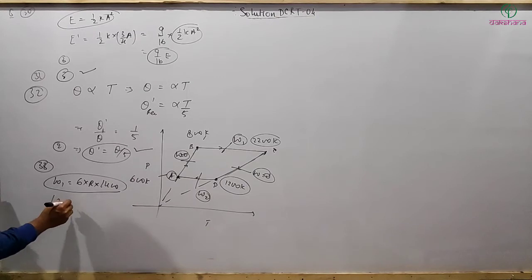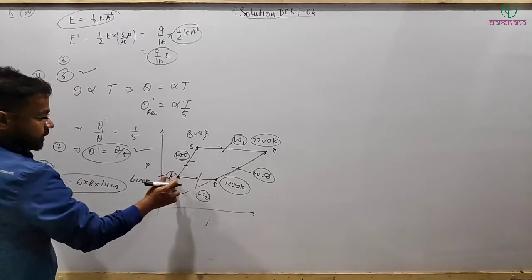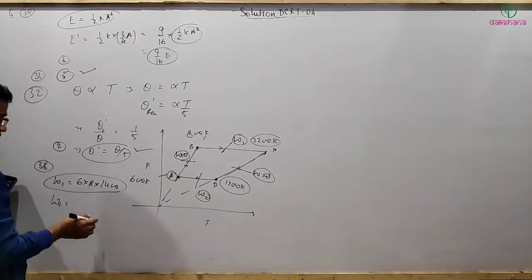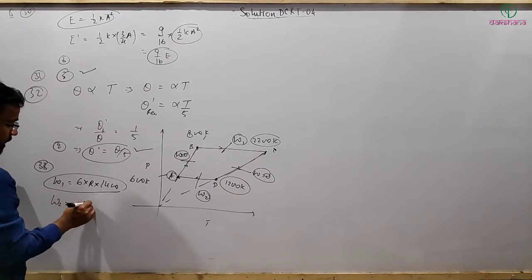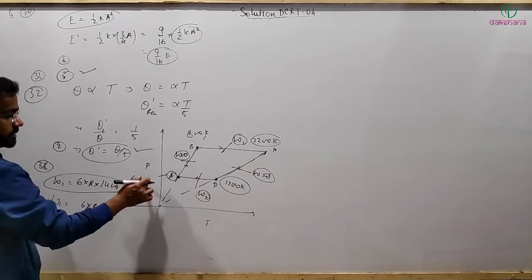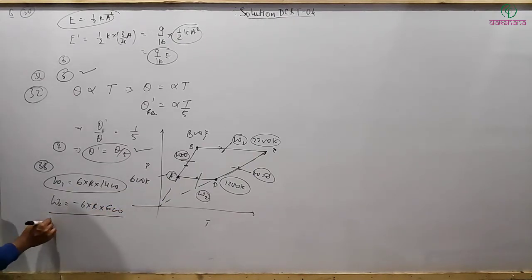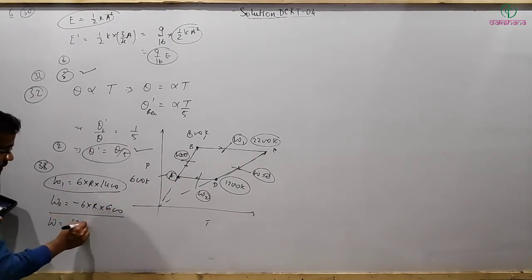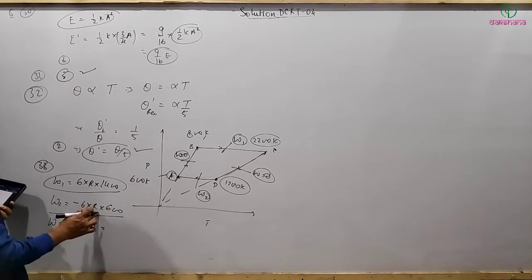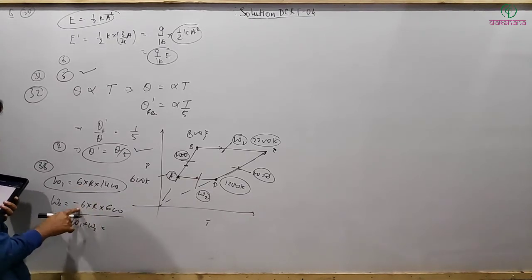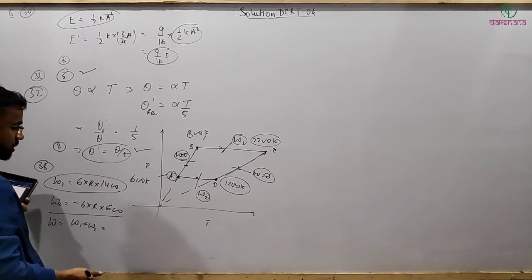W1. W2 is equal to, here it's going from here to there, so temperature is decreasing, work done will be negative. So it's 6 into R, temperature 600 minus 1200, means minus 600. This is W2. Now net work done is equal to W1 plus W2, that means this plus this. So 1400 minus 600, that will be equal to 800.